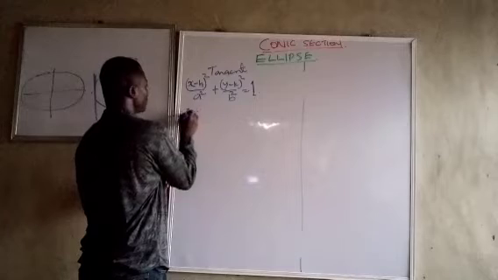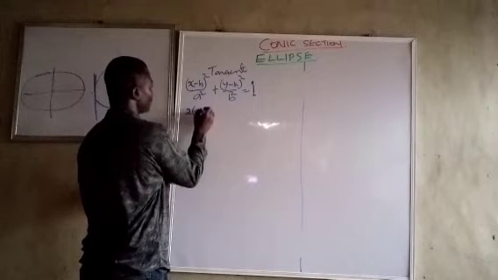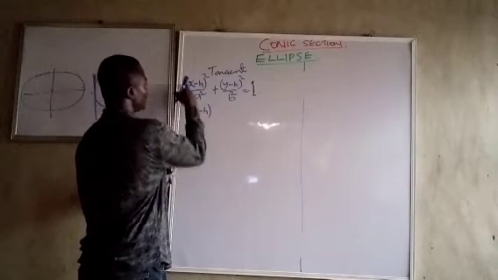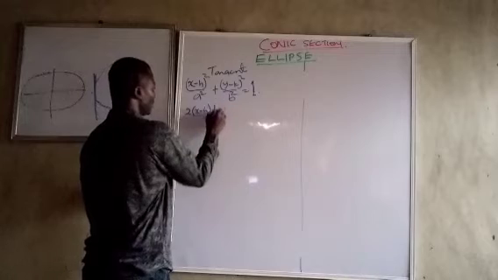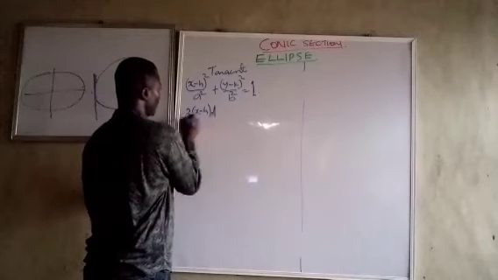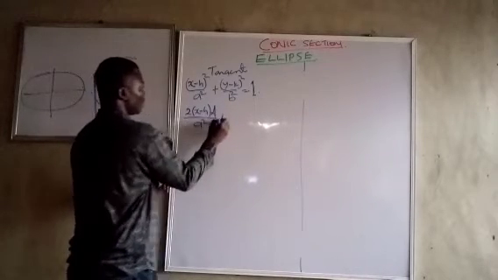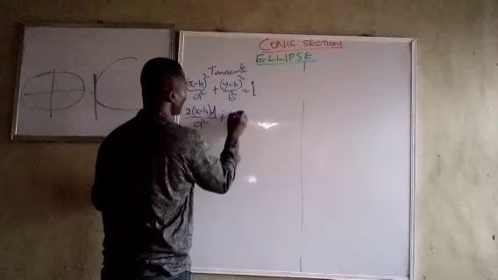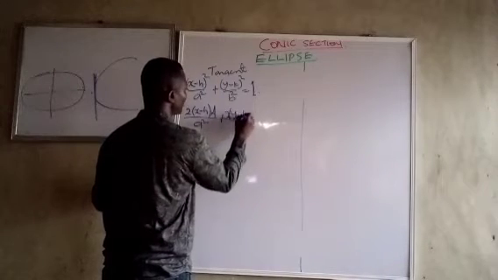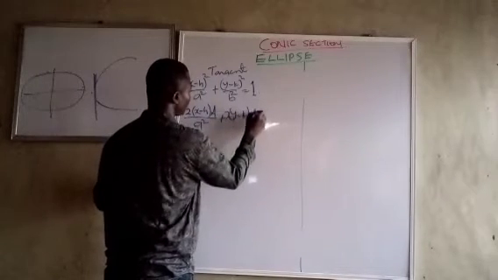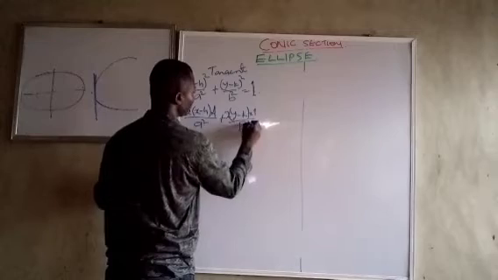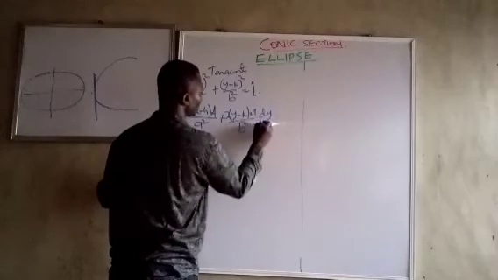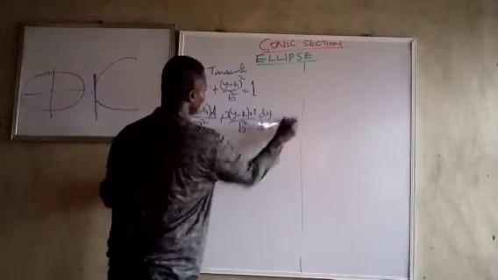So it is going to be 2 into x minus h, the differentiation of this, times 1 over a squared, plus 2 into y minus k times 1 over b squared dy dx is equal to 0.